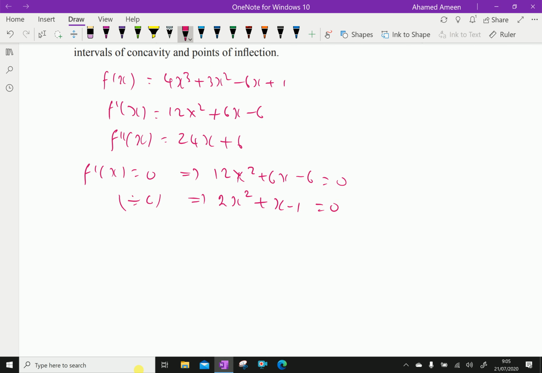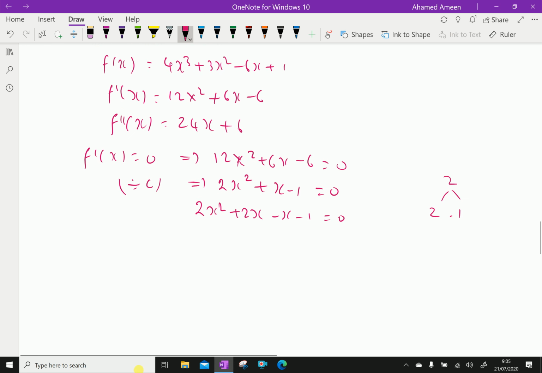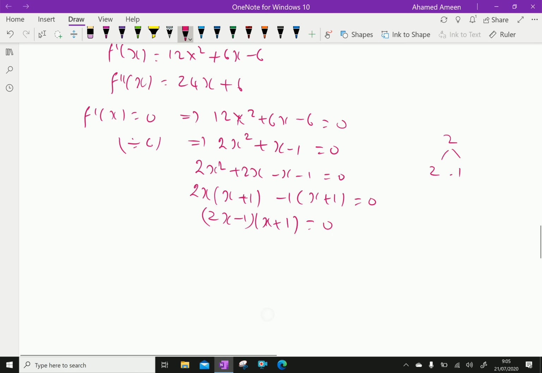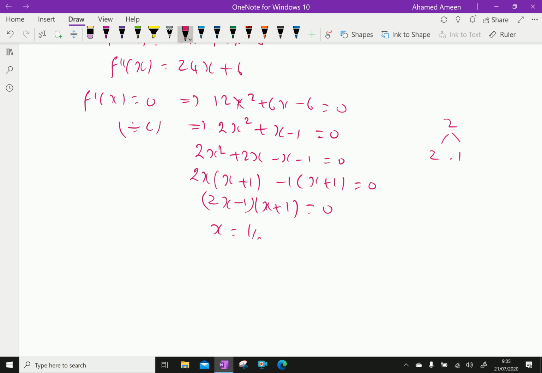Here 1 into 2 is 2, that is 2 and minus 1. So 2x squared plus 2x minus x minus 1 equal to 0. Then 2x common, x plus 1, minus 1 is common, x plus 1 equal to 0. Therefore (2x minus 1) into (x plus 1) equal to 0. From that x equal to half and minus 1.